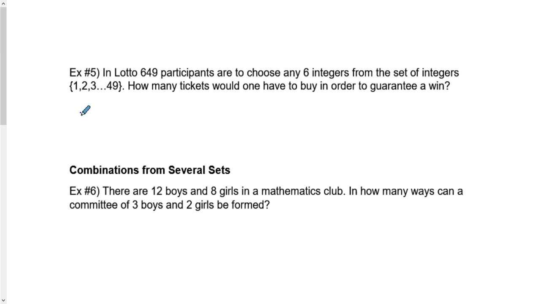So if there's 49 numbers, it doesn't really matter whether you pick the 3, then the 17, then the 6, then the 49, then whatever numbers. It doesn't matter the order that you pick the numbers, because they're going to be put in sequential order anyways.